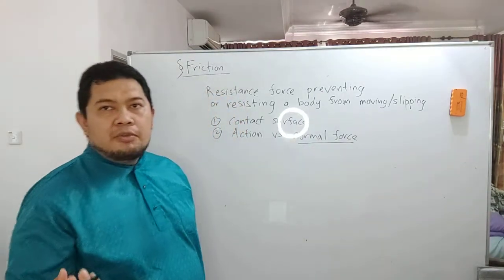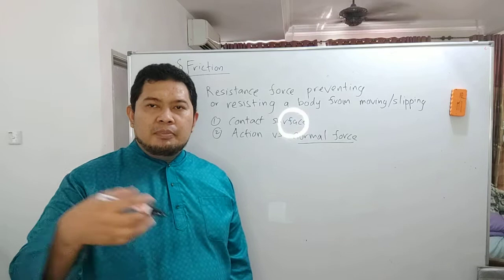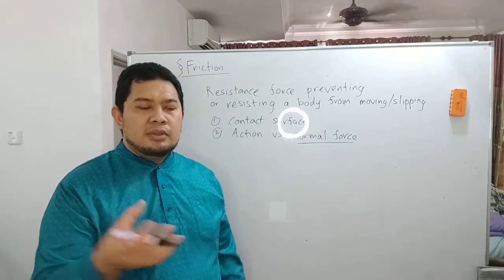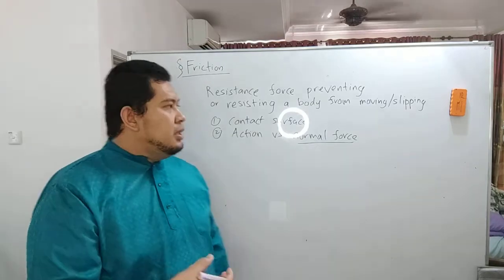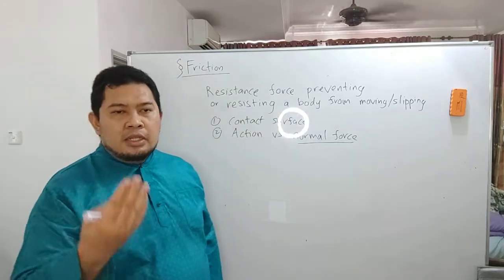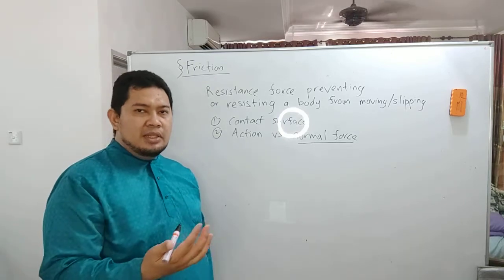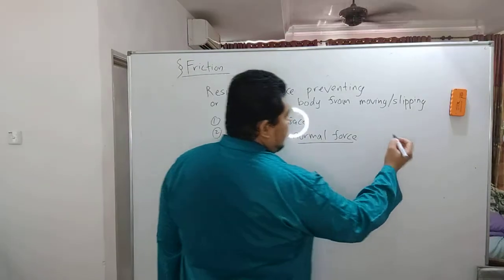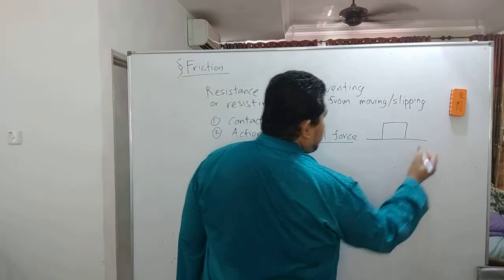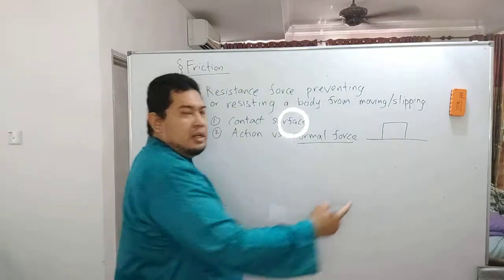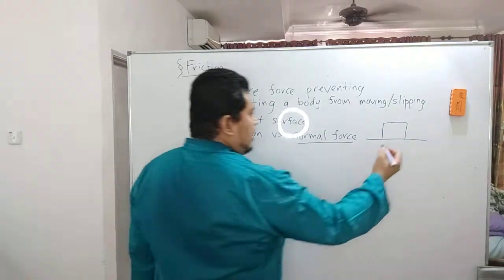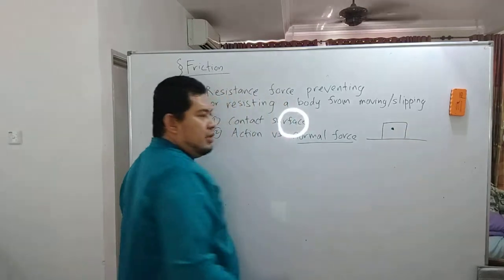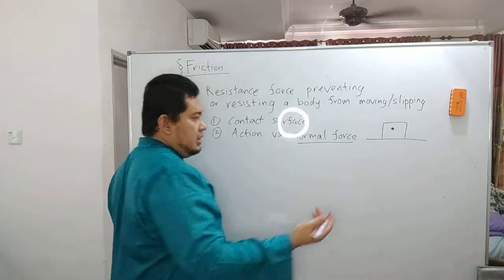So the normal force comes from the weight applied by the body, from the center of gravity, the center of the body itself. This normal force is the force acting perpendicularly towards the contact surface. For example, this is a two-object contact surface: one you have the floor, and another one the box. Over here you have the contact surface, so the weight is over here based on the center of gravity.